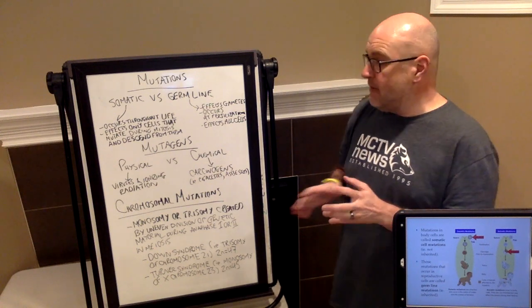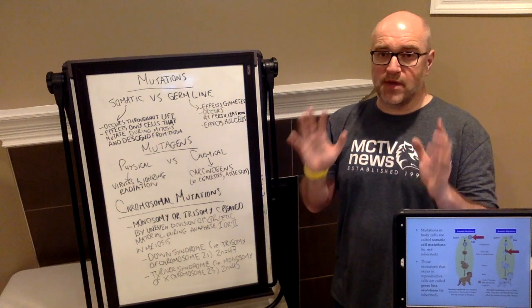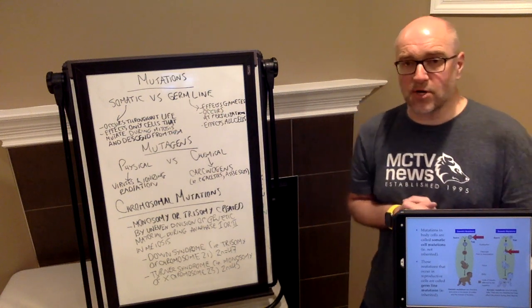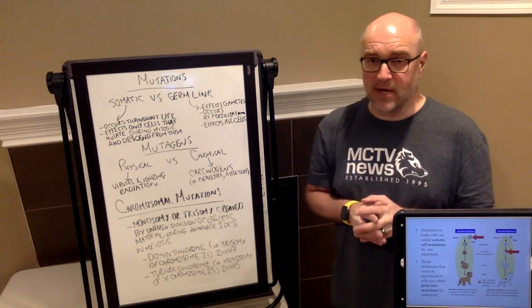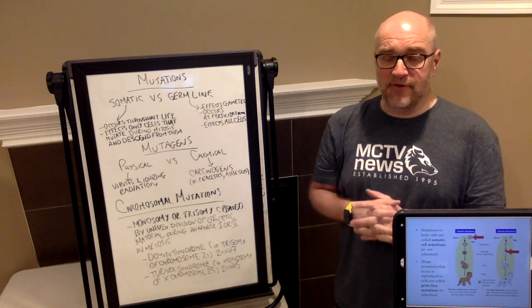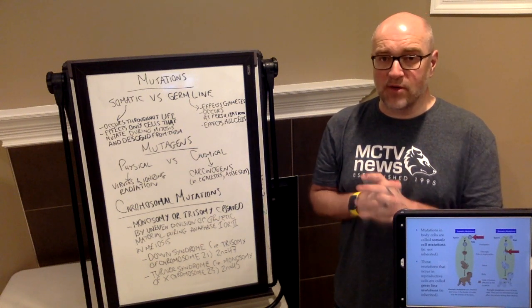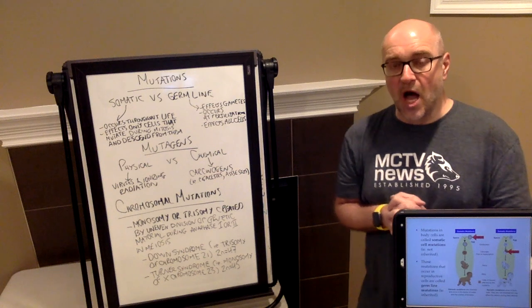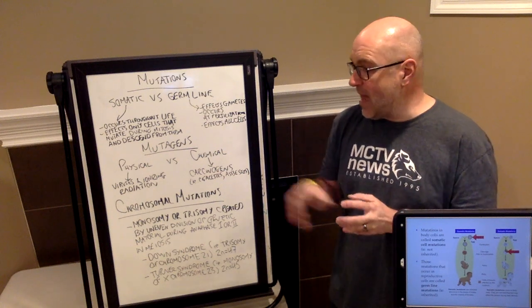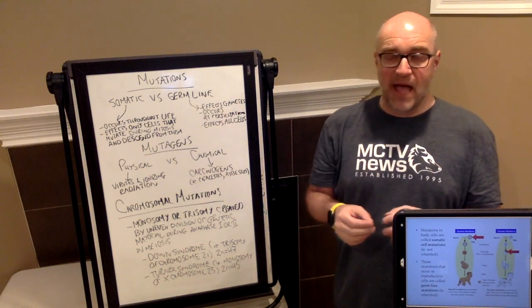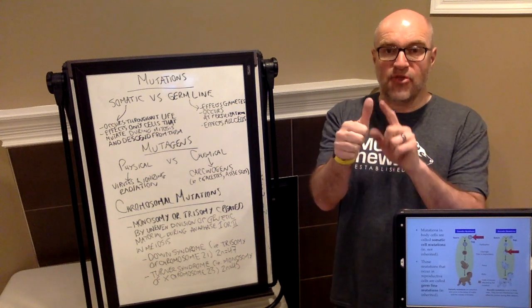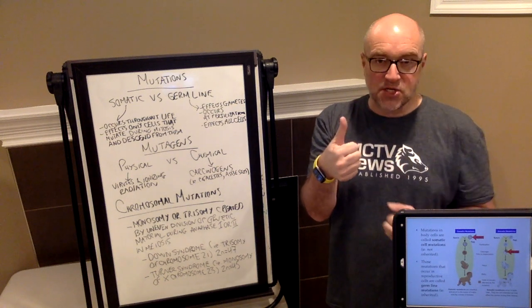If there's a somatic cell mutation, that's basically going to occur during the lifetime of an organism. Every time our cells divide in our body, there's always a chance that there could be a copying error. Let's say I have a cell in my thumb, and it gets a mutation.